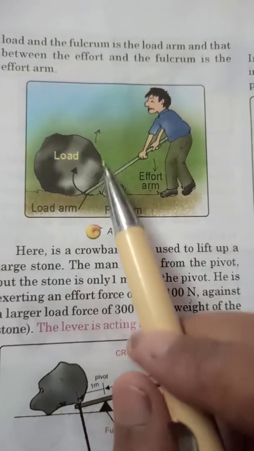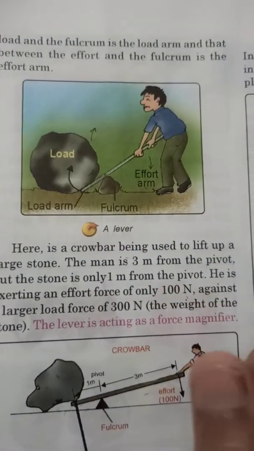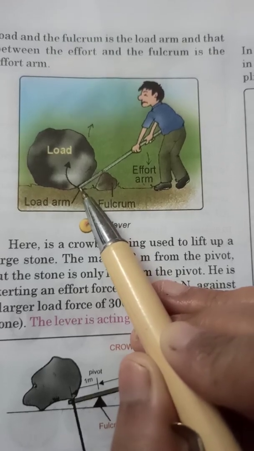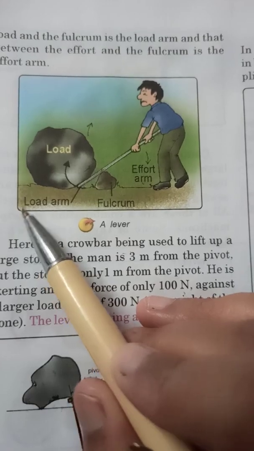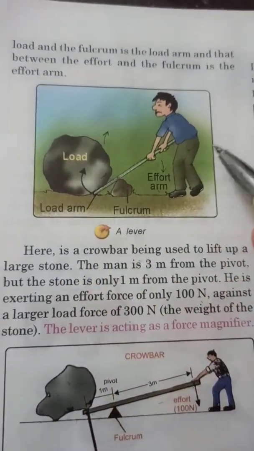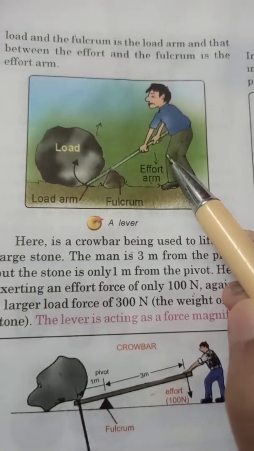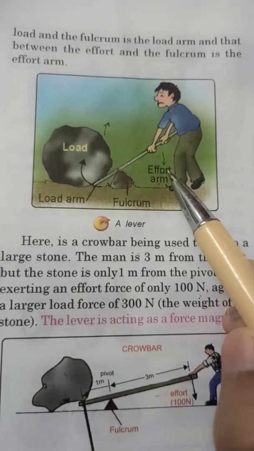So this part is called the fulcrum. Now the thing that needs to be lifted or moved is called the load, and this point from where we are trying to move or lift this part is called the load arm. Now let me explain it once again. The place from where effort is being applied is called the effort arm.